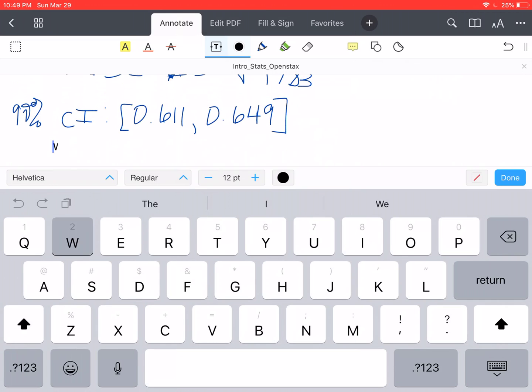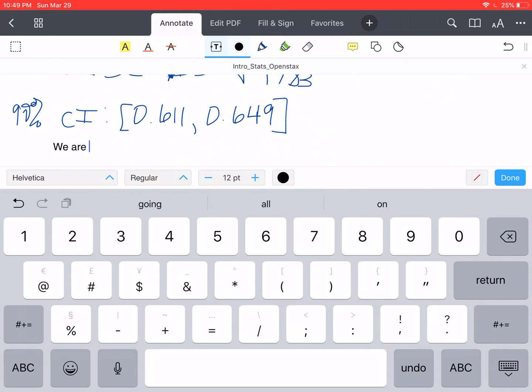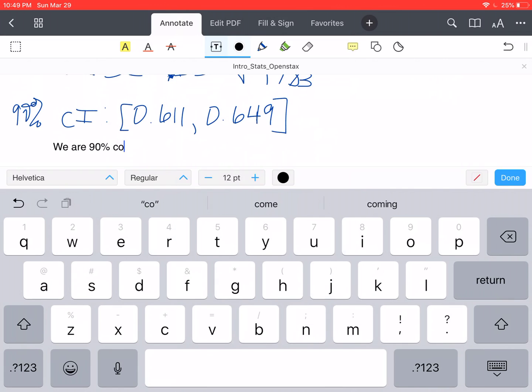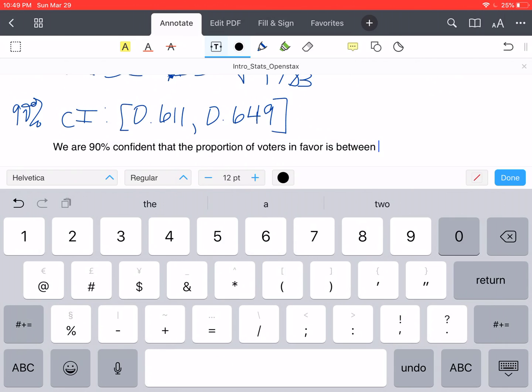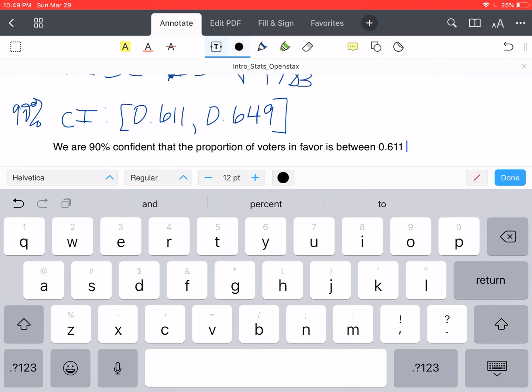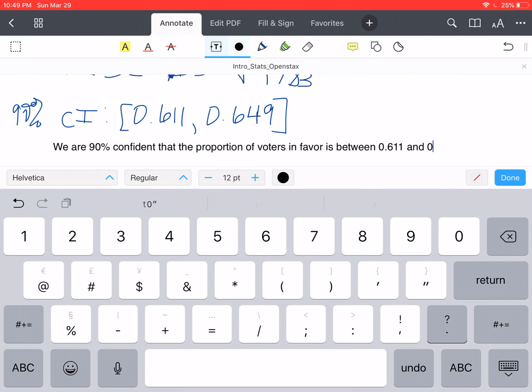Well, this tells us that we are 90% confident that the proportion of voters in favor is between 0.611 and 0.649.